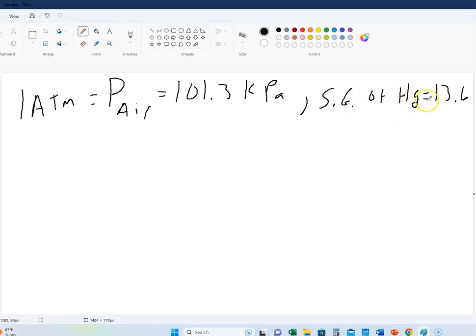Mercury is liquid at room temperatures, and the specific gravity of mercury is 13.6. So all that means is mercury is 13.6 times heavier than water. All right, so that's one of the things you need to know.